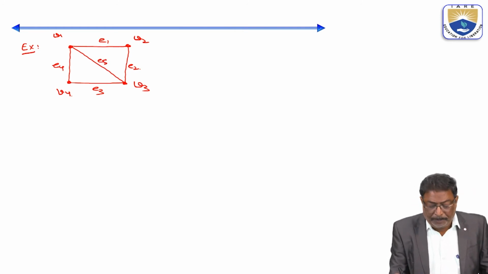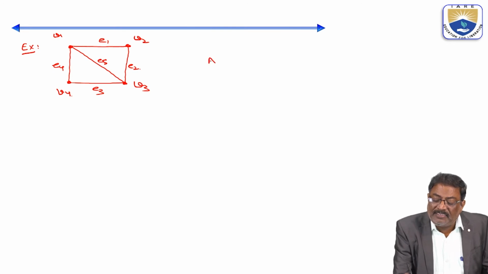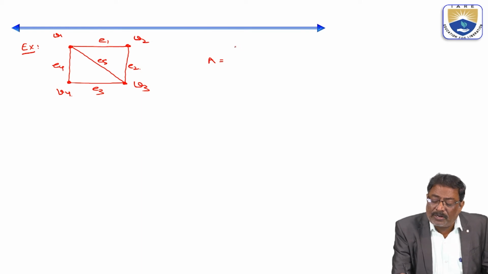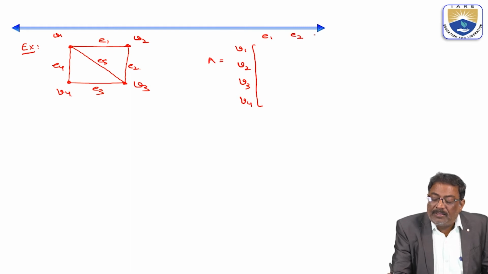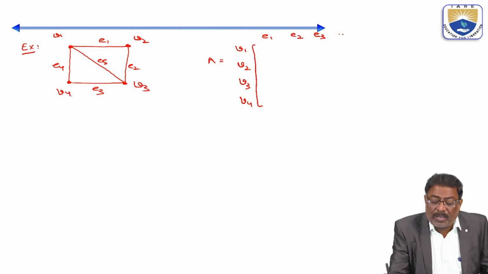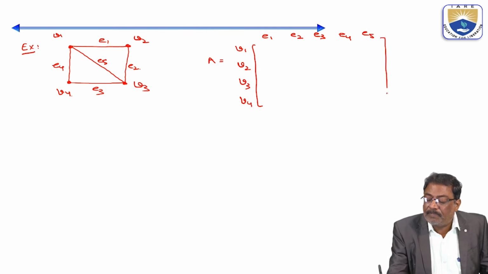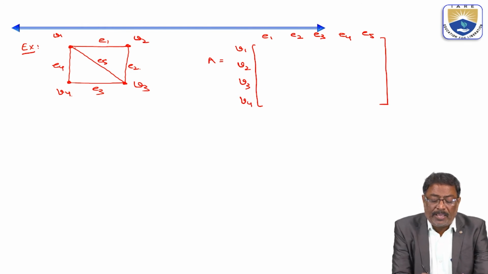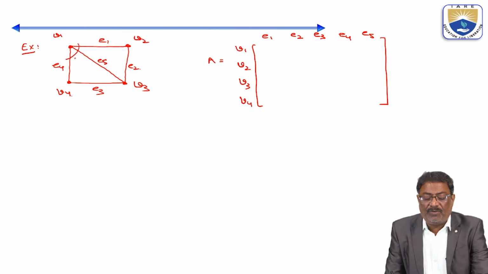Now the corresponding matrix is the incidence matrix. Here, the vertices which the graph has, we consider row wise, and the edges we consider column wise. Now V1, if I am considering, how many edges are moving from V1?